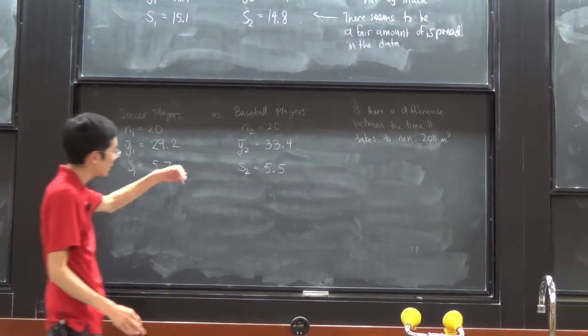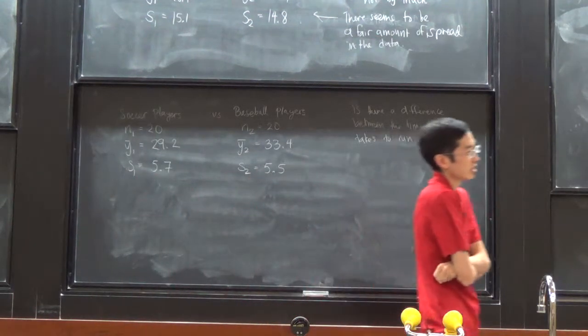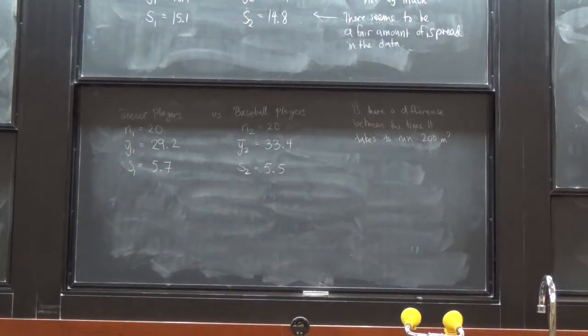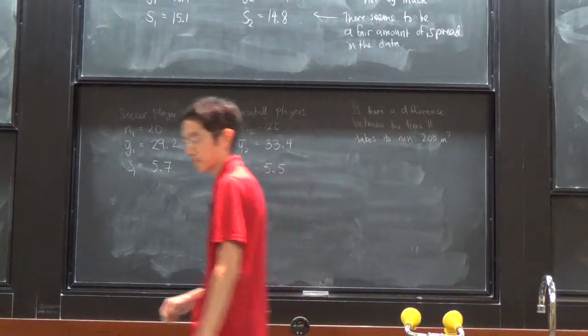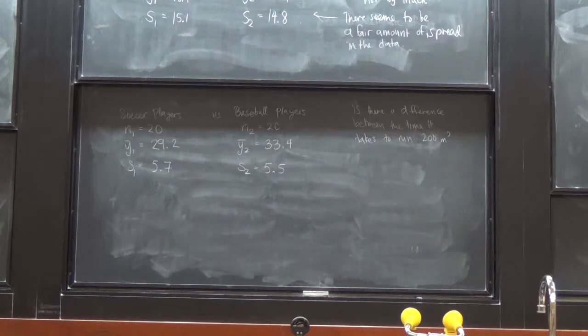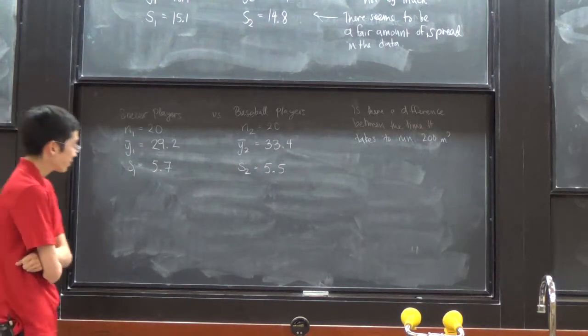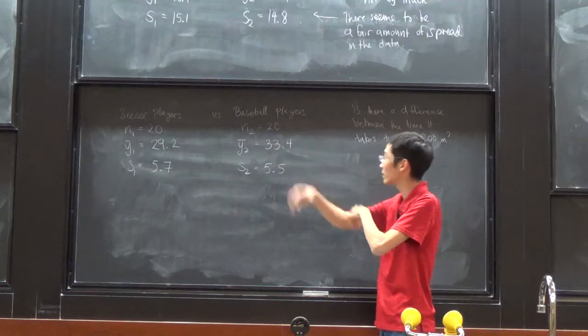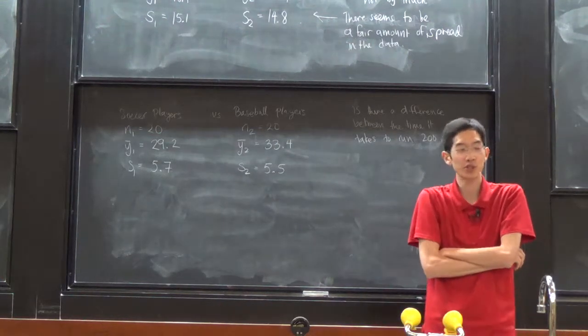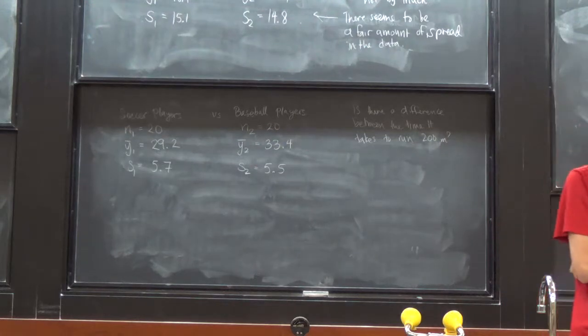Okay. What do we think? Is there evidence that there is a difference or is not a difference between the mean run times? Well, how do you suppose we should answer this? I hope my numbers are good. So if I ask, does this provide evidence that soccer players can run 200 meters faster than baseball players?